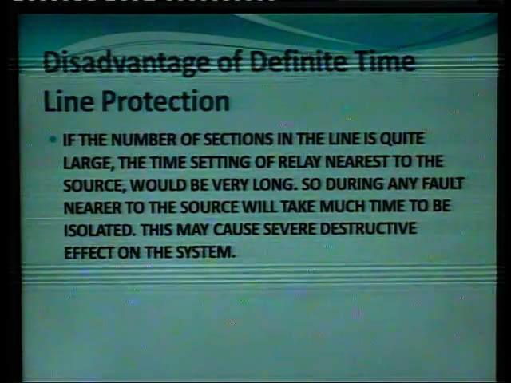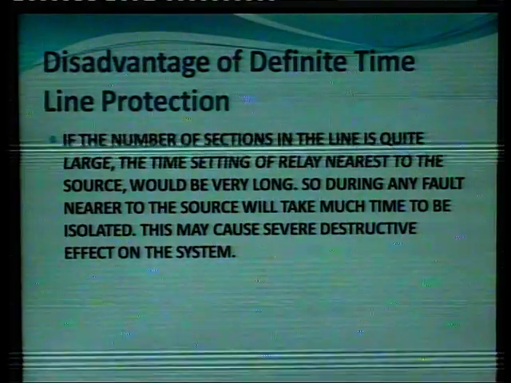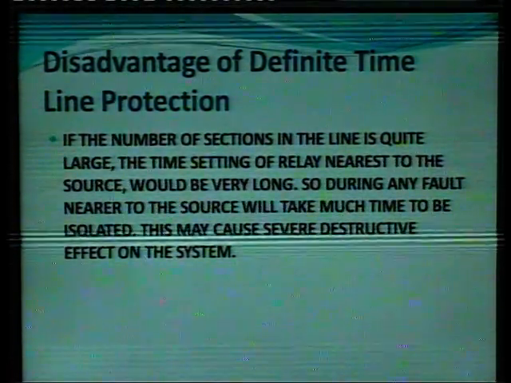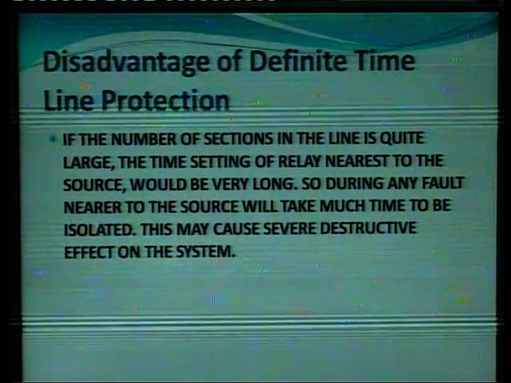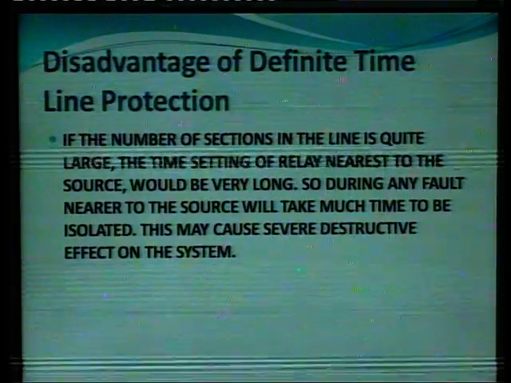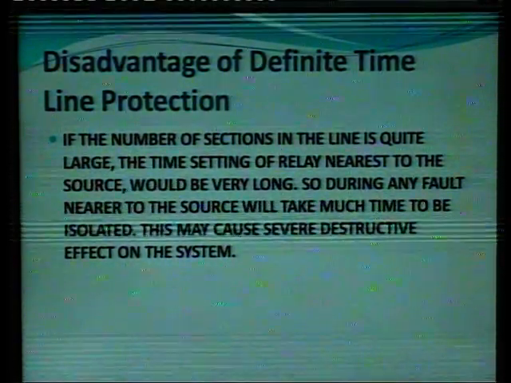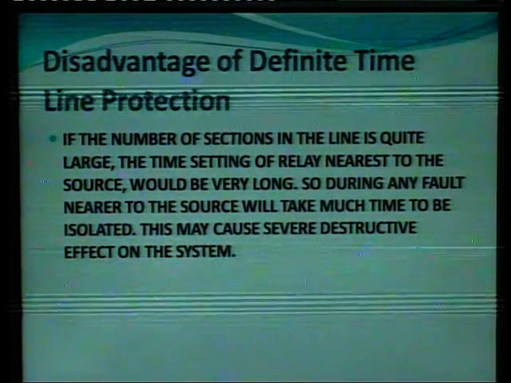Disadvantage: if the number of sections of the line is quite large, the time setting of the relay nearest to the source would be very long. So, any fault nearer to the source will take much time to be isolated. This may cause severe destructive effects on the system.